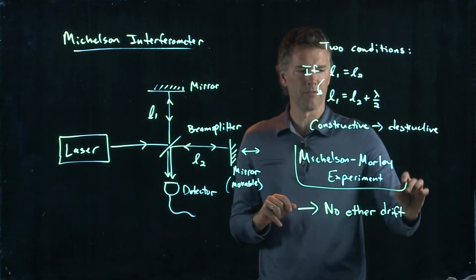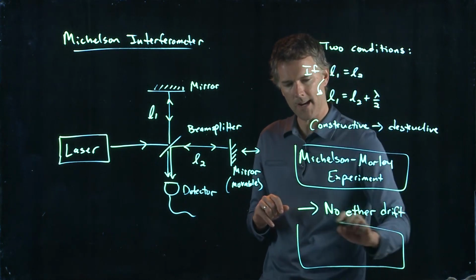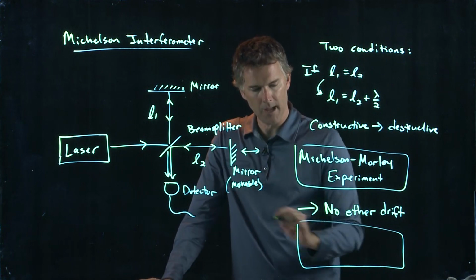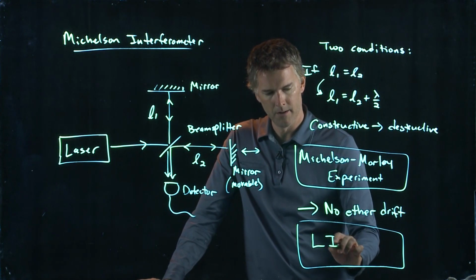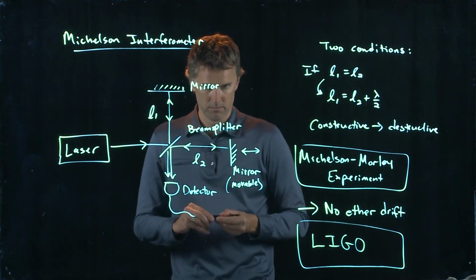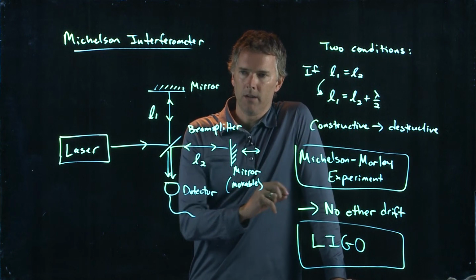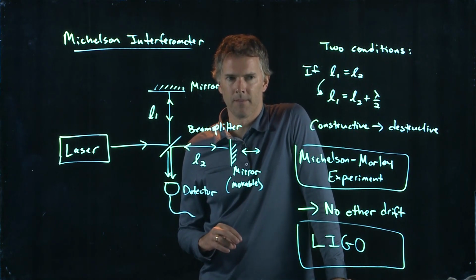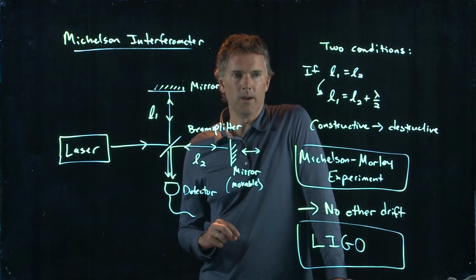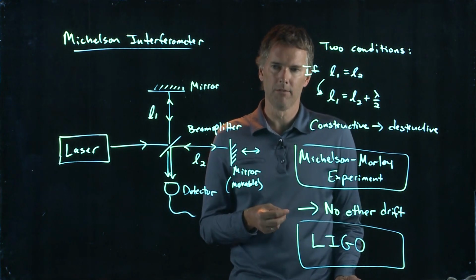Okay, this is one of the most famous ones, but there's another one going on right now using a Michelson interferometer, and it's called LIGO. Anybody know what LIGO is trying to do? LIGO is trying to detect gravitational waves.